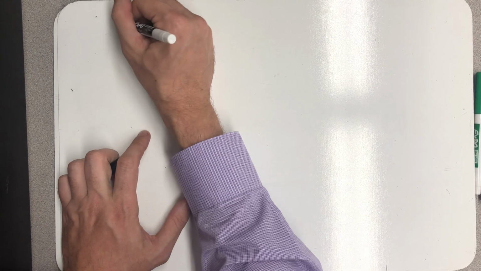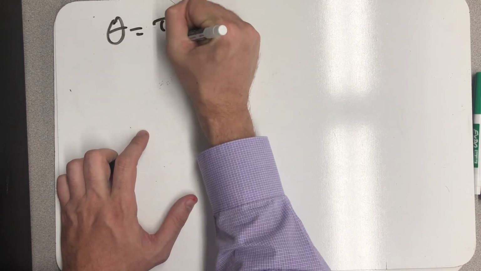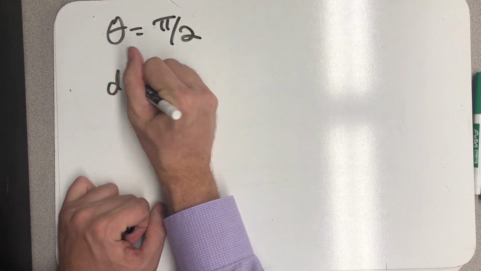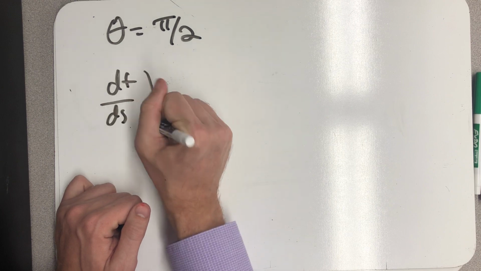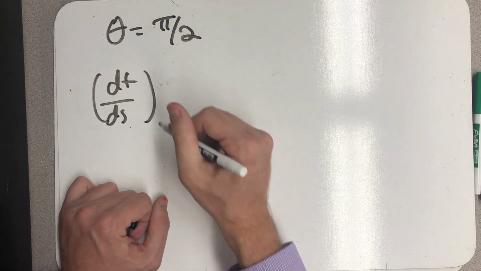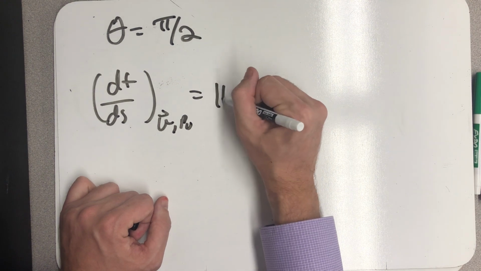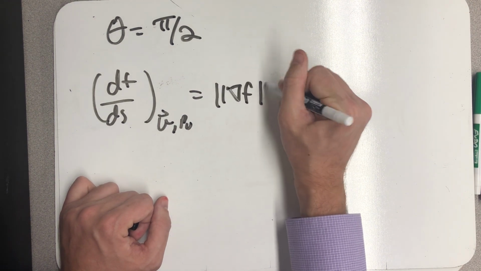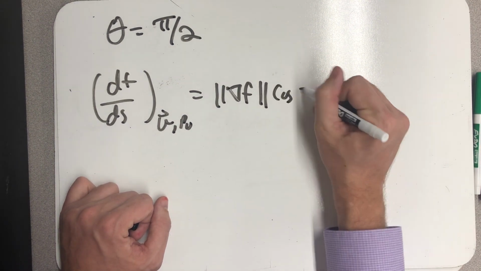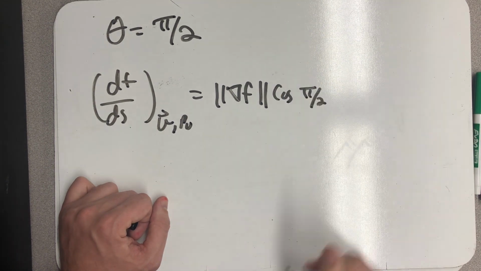But maybe the coolest thing of all is what happens right in the middle. If we think about what happens at theta equals pi halves, a direction orthogonal to the gradient vector? Well, cosine of pi halves is 0.